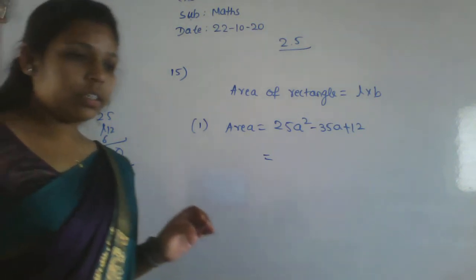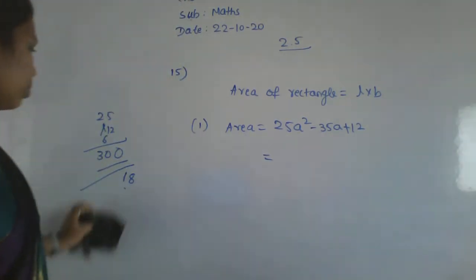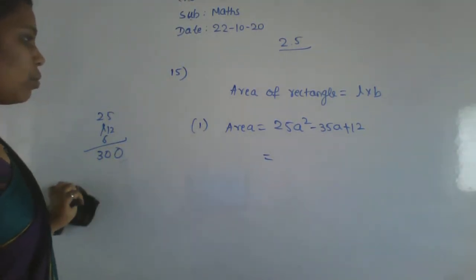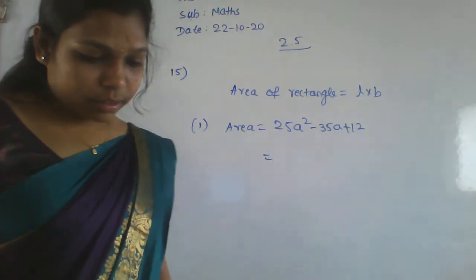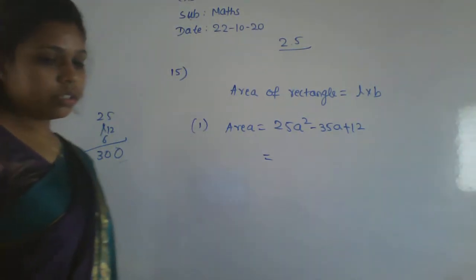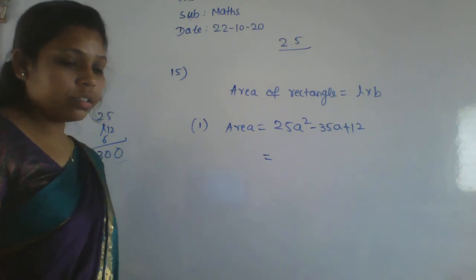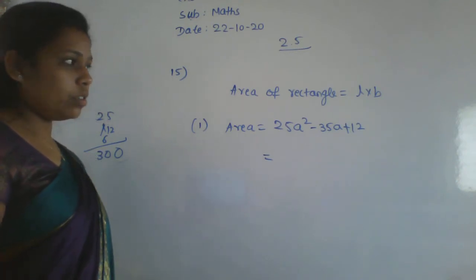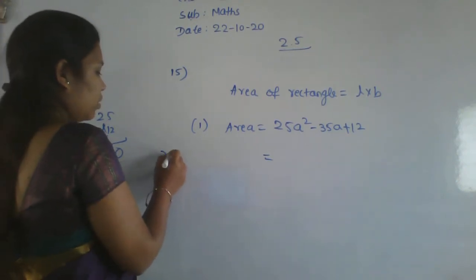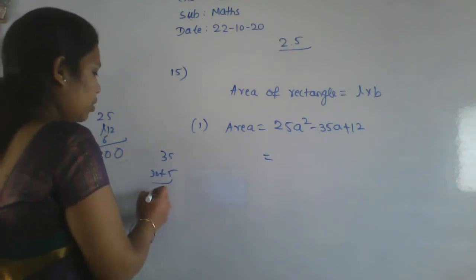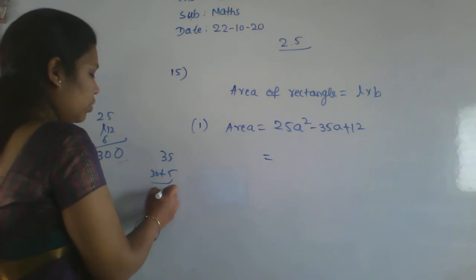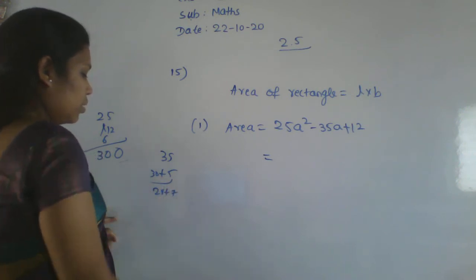25. No. So how to find the factors here? 35 we want. 25 plus... it's 30 plus 5. It's 150, right? So next, 28 plus 7.